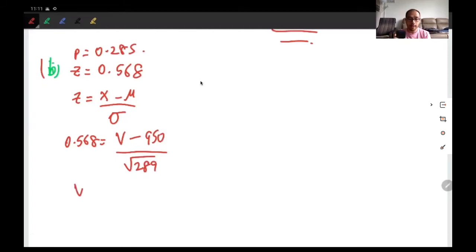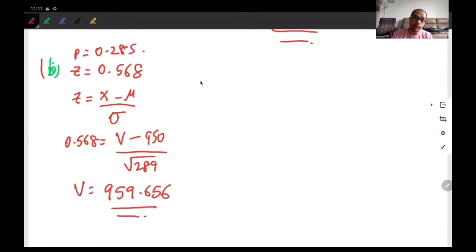So I will finally get 0.568 times the square root of 289 plus 950. I will get 959.656, which is the value of V.